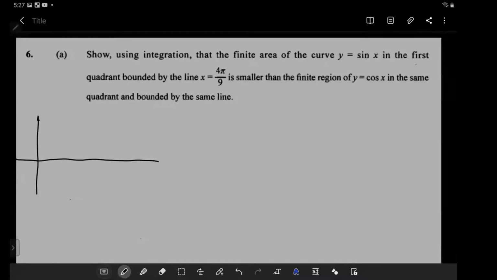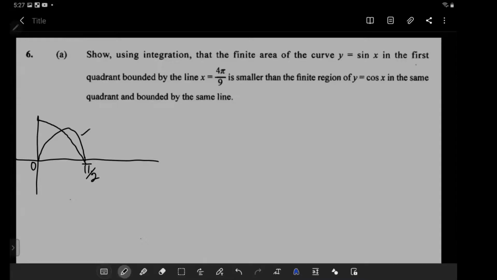If we were in the first quadrant using sin x, we would have something looking like this, where this is 0, this is pi over 2. The cosine would look something like this in the first quadrant.